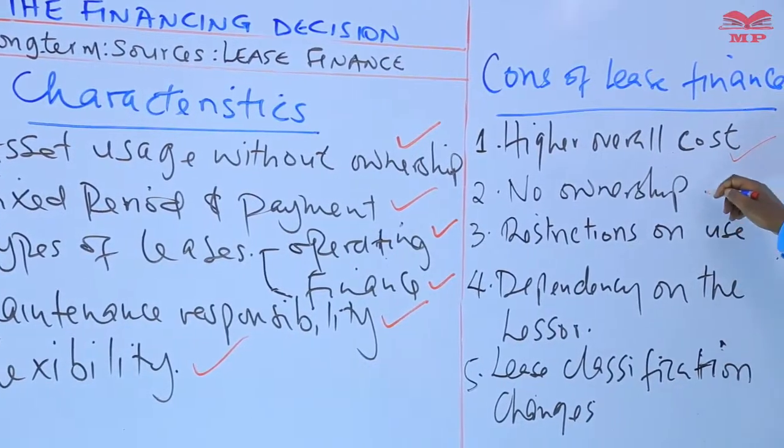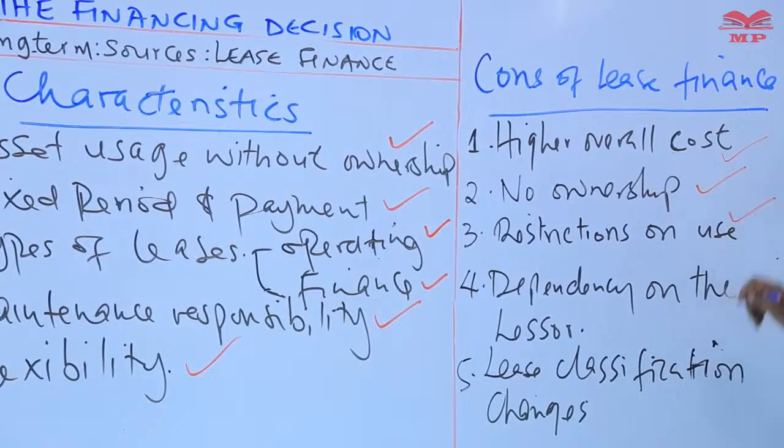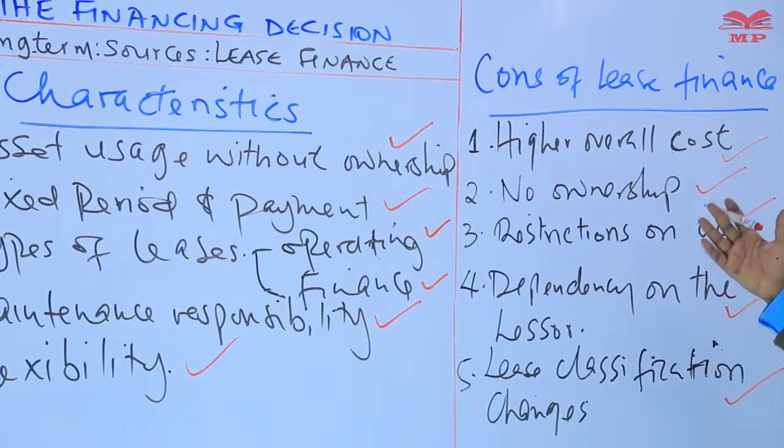Number 2, there is no ownership. Number 3, restrictions on use. Number 4, dependency on the lessor. Number 5, lease classification changes. Do you understand, candidates, the characteristics, the advantages and disadvantages of lease agreement?